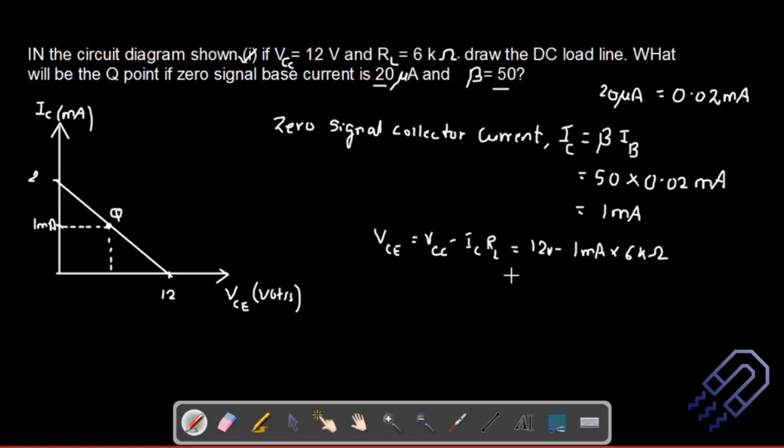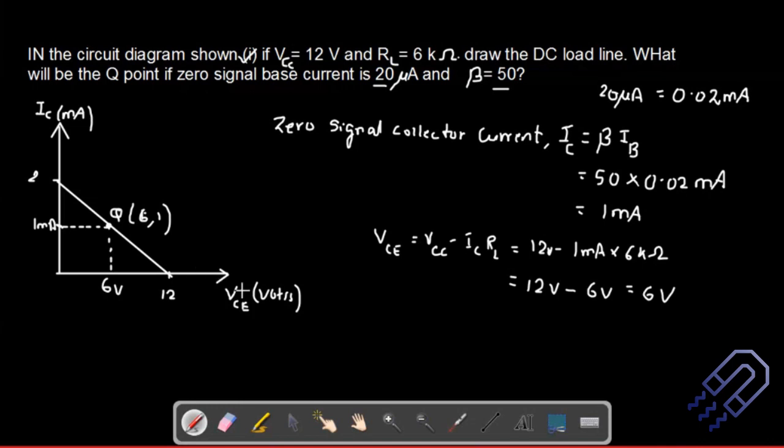So this is going to be simply 12 volt minus 6 volt, which is 6 volt. So that means this value is going to be 6 volt. So this particular point is going to be, sorry, it's x-axis first, 6, comma 1. That's all. That's the operating point.